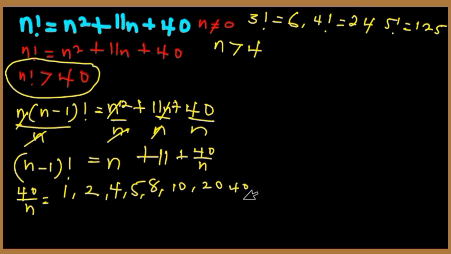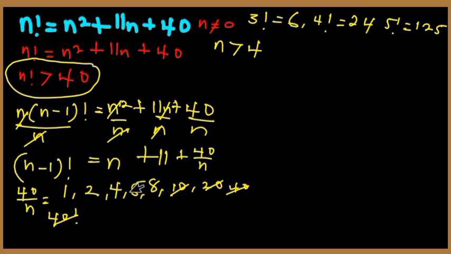So now let's take them one by one. Now 40, let's take 40. 40 factorial is too large, so you will not consider it. 20 factorial too is too large, you will not consider. 10 factorial too is too large.